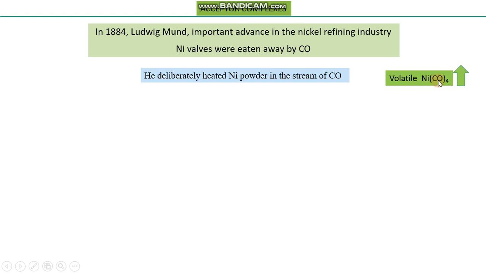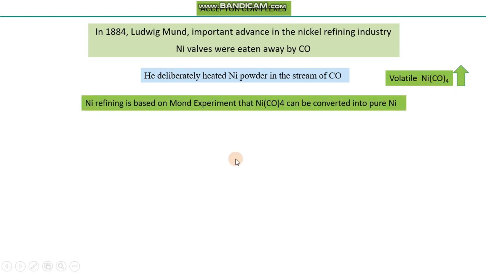Whenever this nickel carbonyl complex was produced, this was a real revolution in the nickel refining industry, because Ludwig Mond was also able to dissociate this compound into pure nickel and carbon monoxide.